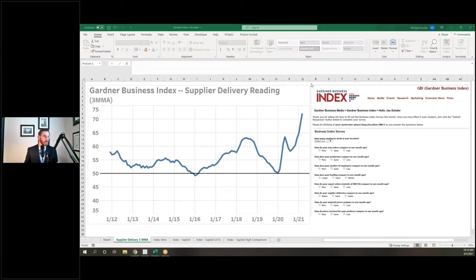There is one towards the bottom where it says, how do your supplier deliveries compare to 1 month ago? And it's slower, the same, or faster.